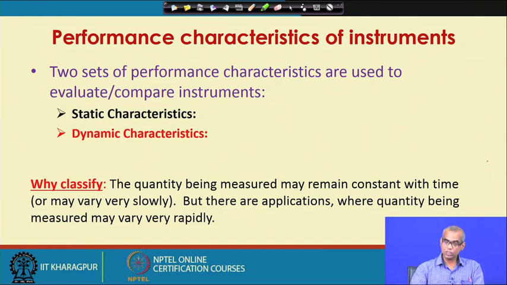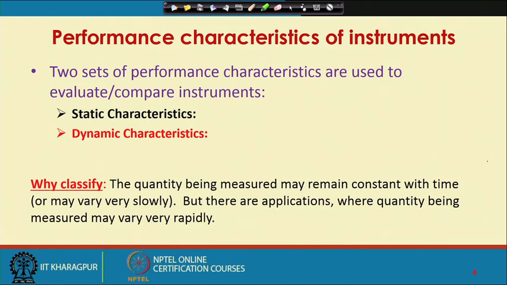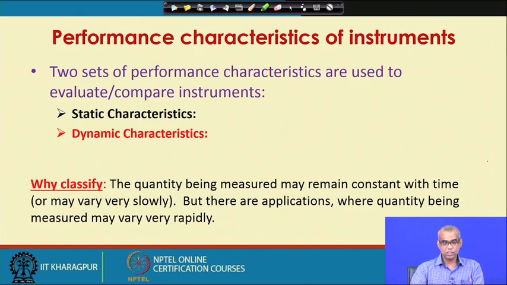But there are applications where the quantity being measured may vary very rapidly. So, it becomes natural to consider a set of characteristics for the medium which is remaining stationary or varying very slowly.